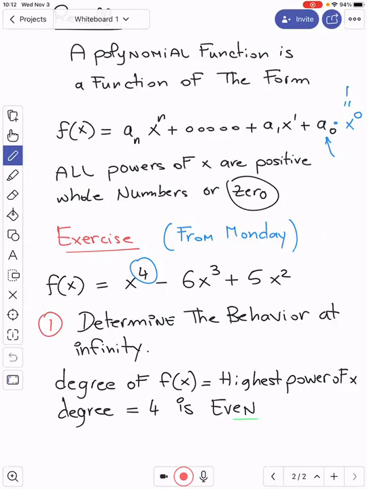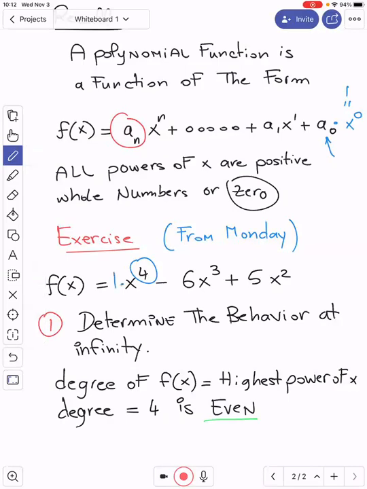Next, we need to find the sign of the leading coefficient. The leading coefficient is the number in front of the highest power of x. The highest power of x, of course, is x to the fourth, and in front of x to the fourth there is supposed to be 1 times x to the fourth.